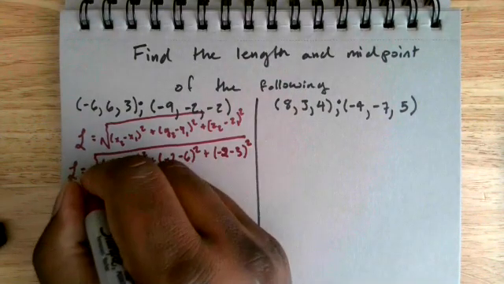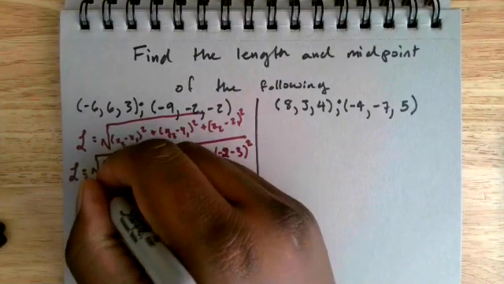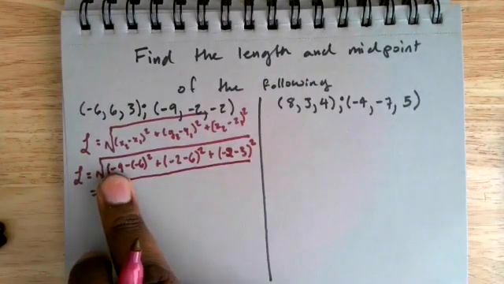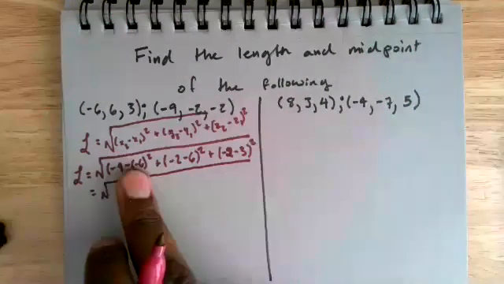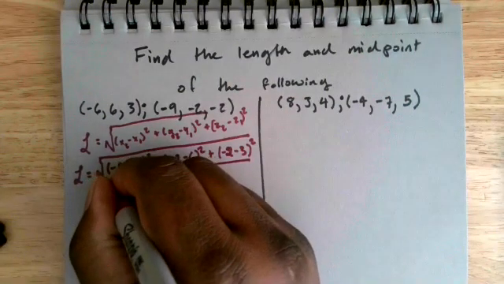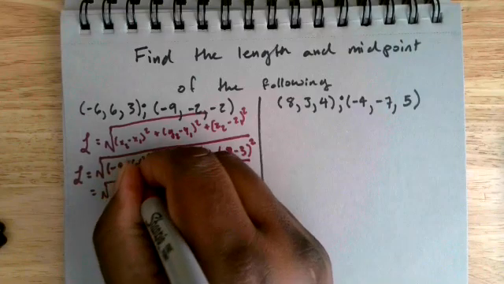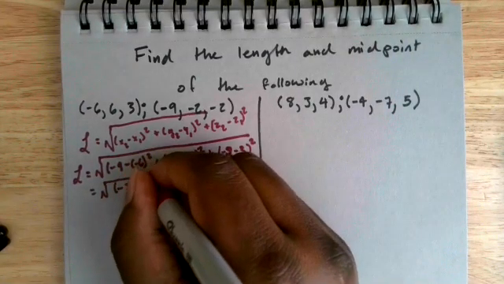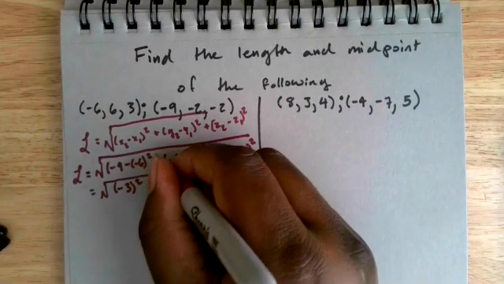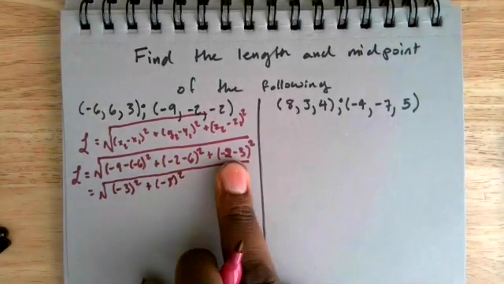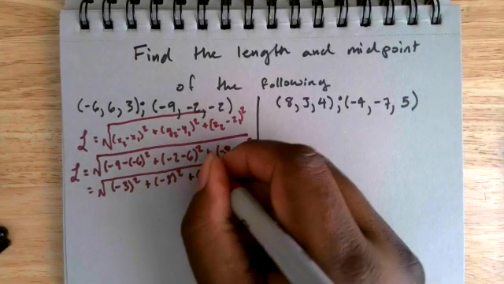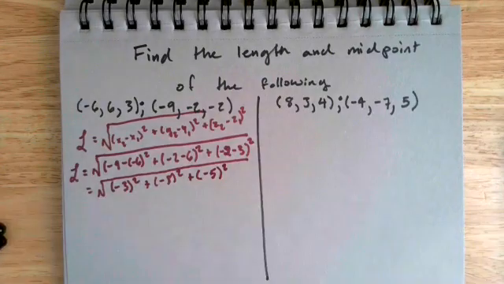All right, so that is, and let's see if we can figure this out. -9 minus -6 is -3, so it's going to be -3 squared. -2 minus 6, that's going to be -8 squared. 2 minus 3, that's going to be -1 squared, okay?